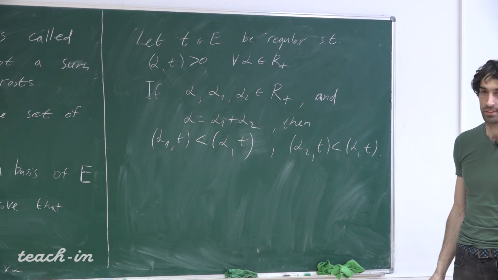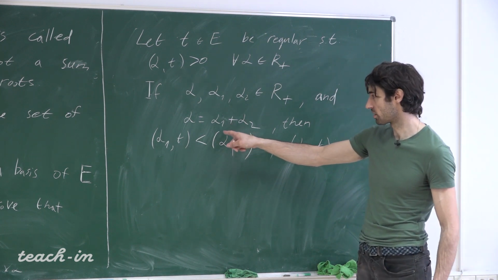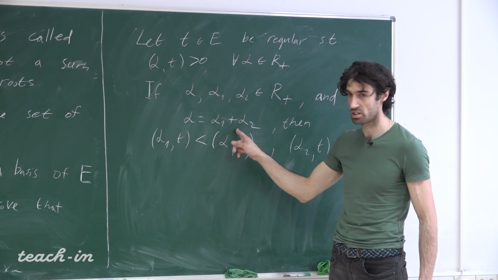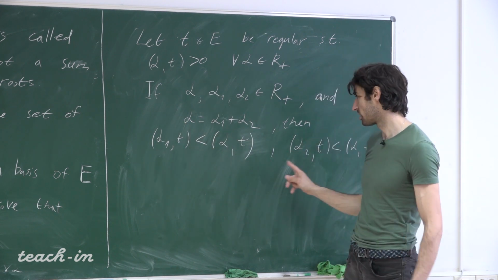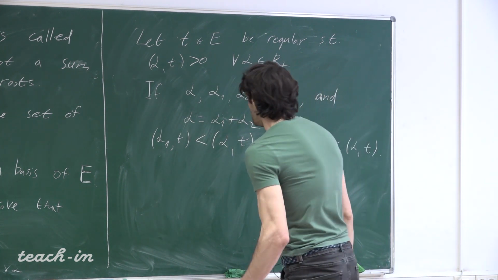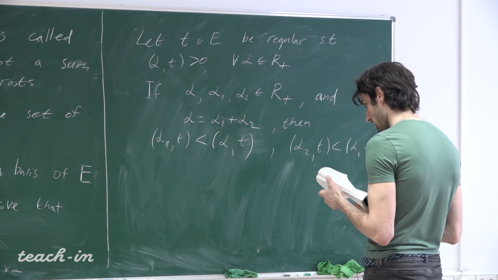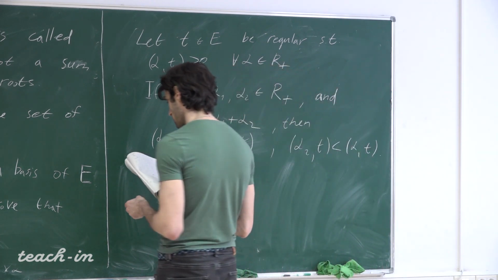Just because you apply the inner product with T to both sides, and the sum of these two is exactly alpha with T, so therefore this follows. Very well. We will need this to make the following process finite.